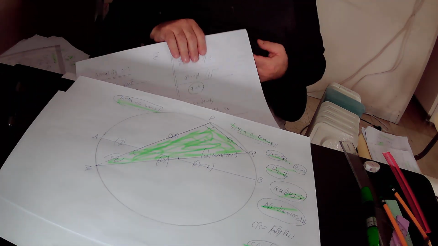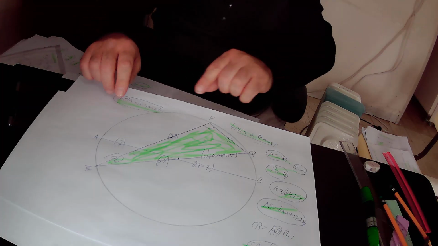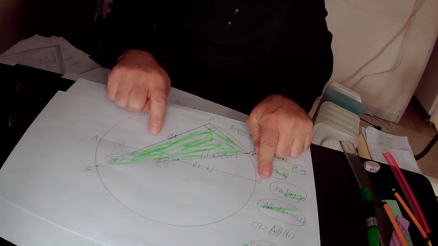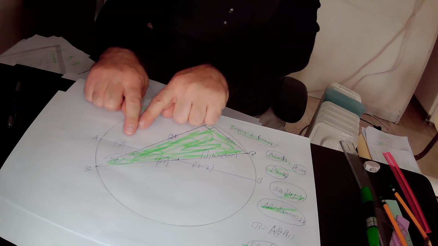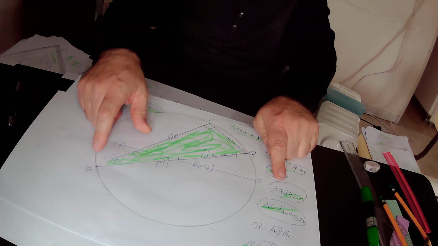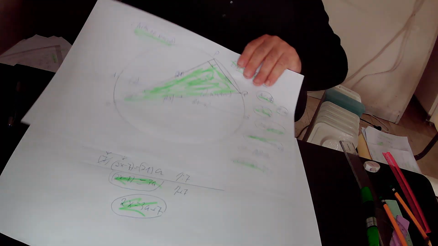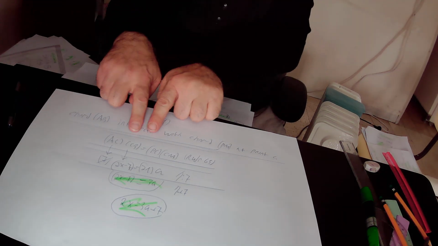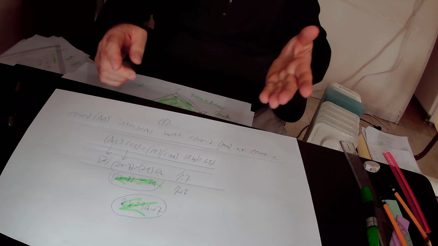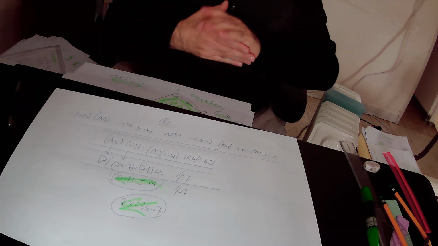According to the rule, the following equation holds: AC times CB equals PC times CM. This equation is the application of the rule in our drawing.